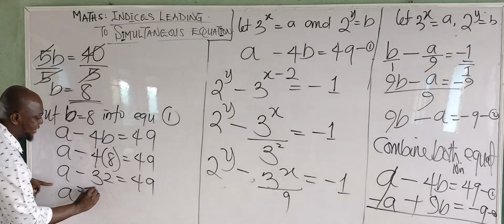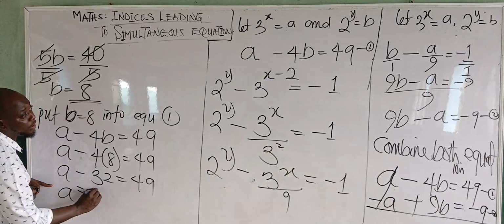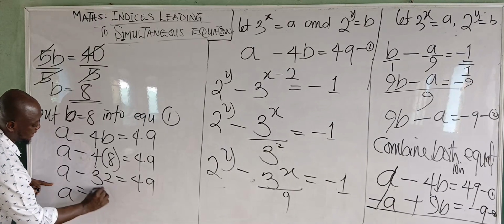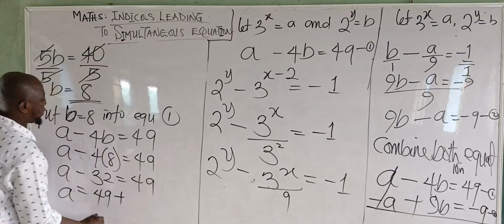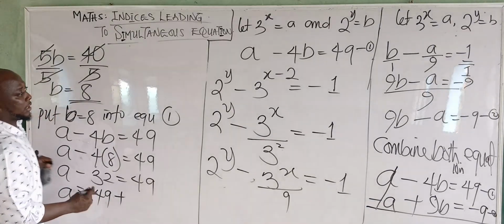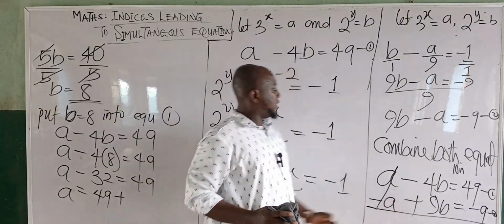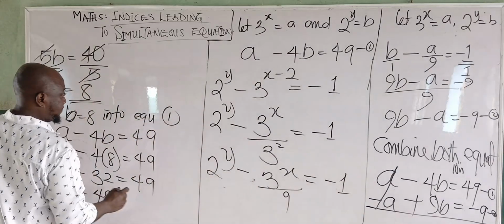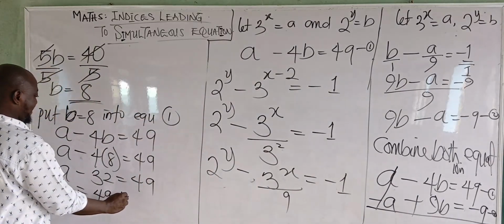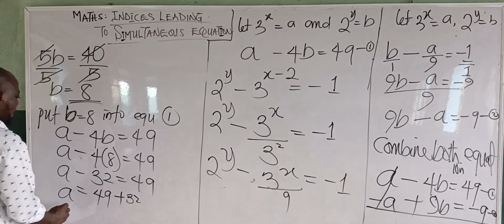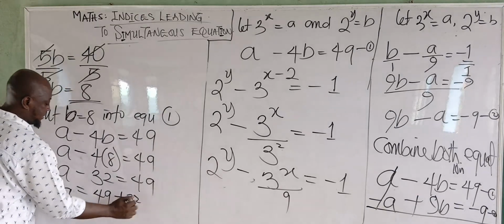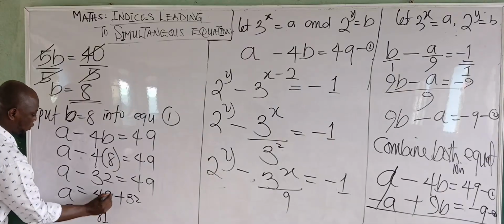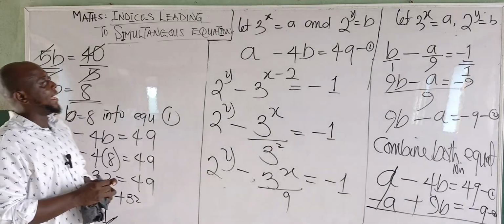A will give me 49 plus 32 here. A will give me 81 here. So I've gotten a and b.